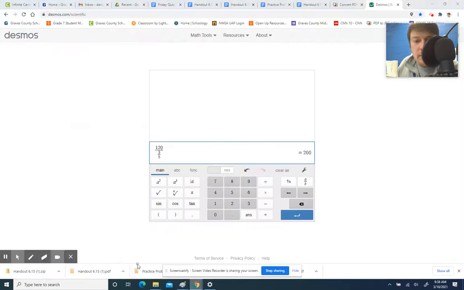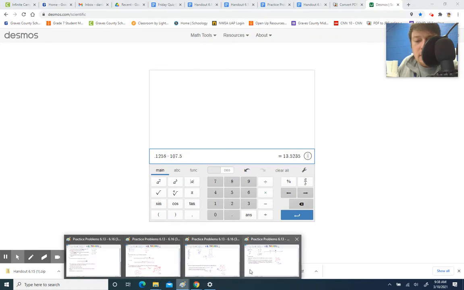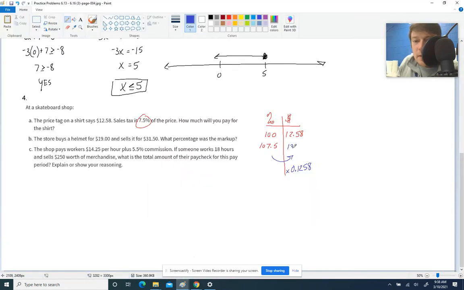And we've got to round to the nearest cent. So that 3, we'll keep that at 52. So $13.52. And that's our answer for part A.